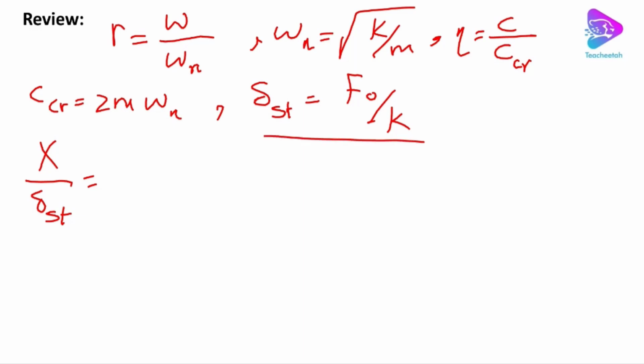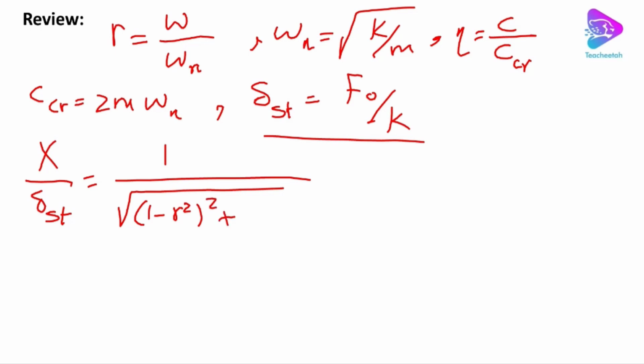And if we find the ratio, we already know X, we know delta static, we can simplify with respect to R and zeta, which gives us 1 over the square root of (1 minus R squared) squared plus (2 zeta R) squared.